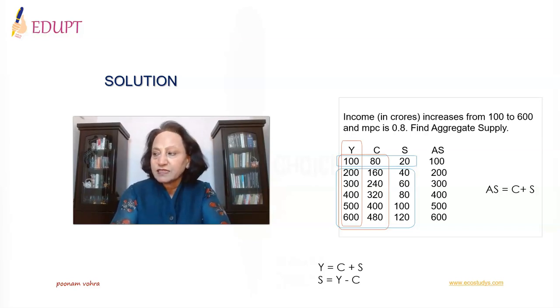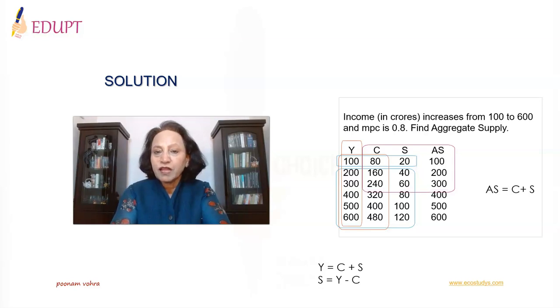C plus S, that will be 80 plus 20. When income is 100, aggregate supply would be 100. When income is 200, aggregate supply would be 160 plus 40, 200. When income is 300, aggregate supply would be 240 plus 60, 300, and so on.